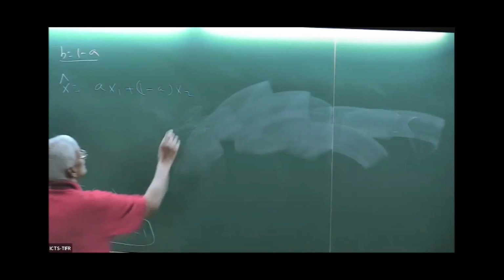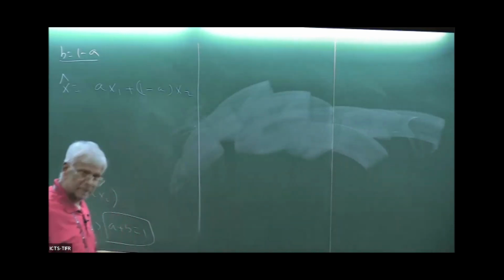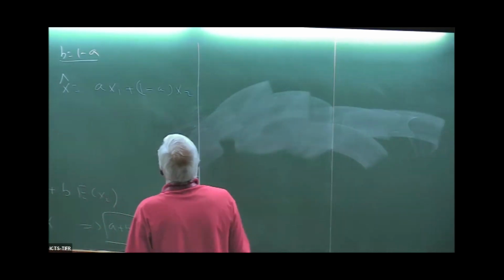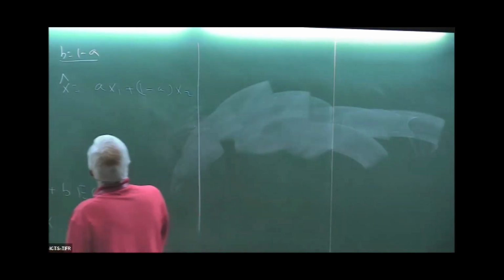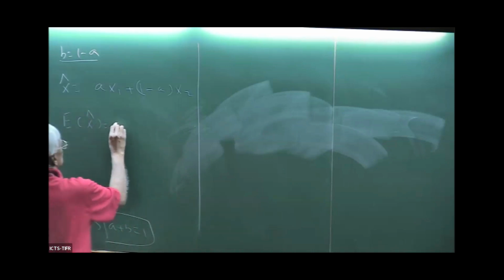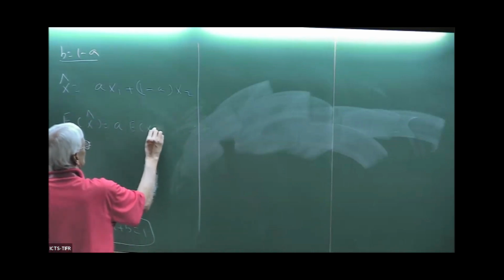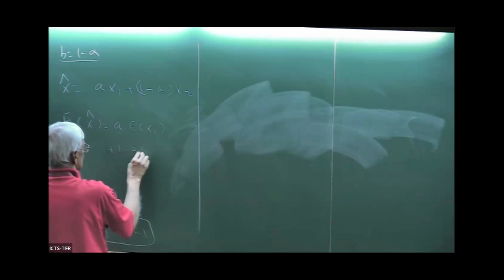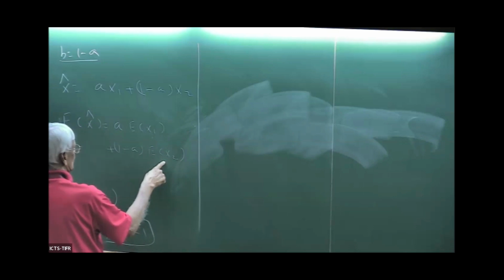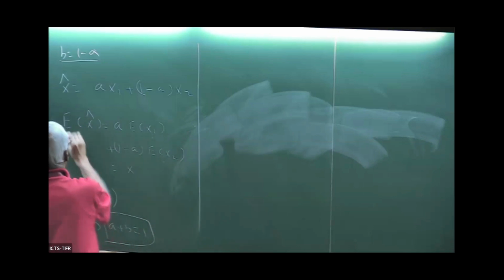I need to compute the variance of this. That's a very simple exercise, but let's do it. So what is the expected value of x hat? It is equal to a times expected value of x1 plus 1 minus a times expected value of x2. This is equal to x, this is equal to x, that is equal to x.